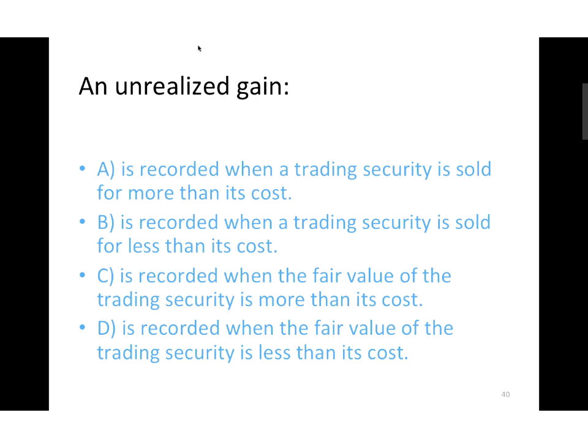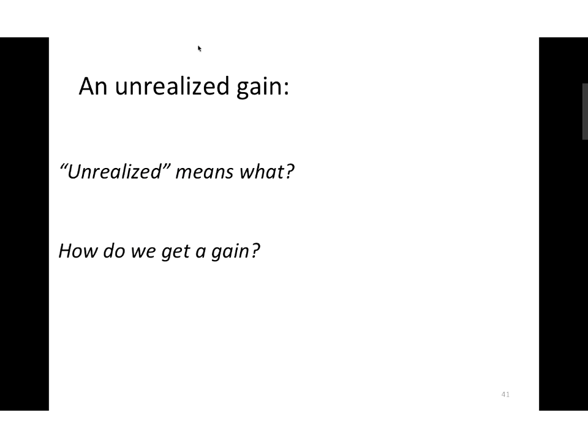Like definitively? Okay. So on this particular one, just like what we just did, we said unrealized means it's not sold yet. And how do we get a gain? We have to weigh cost against market value or fair value, fair market value. So a gain means that fair value or market value is greater than cost.